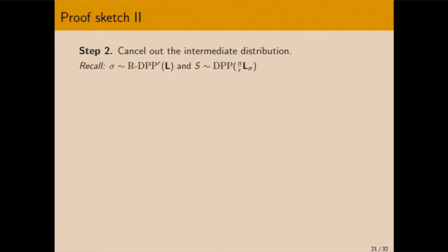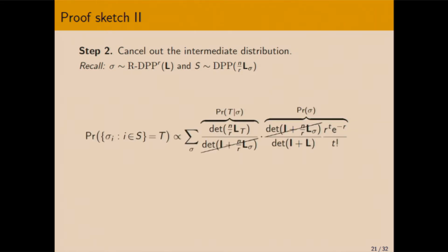We want to show that the intermediate distribution cancels out of the probability. Recall we're sampling sigma from the RDPP, and sampling S from the DPP. If you look at the probability of the final subset being equal to T, we can sum over all sigmas. T given sigma is the probability of the downsampling, the subsampling DPP, and the second part is the probability of the RDPP.